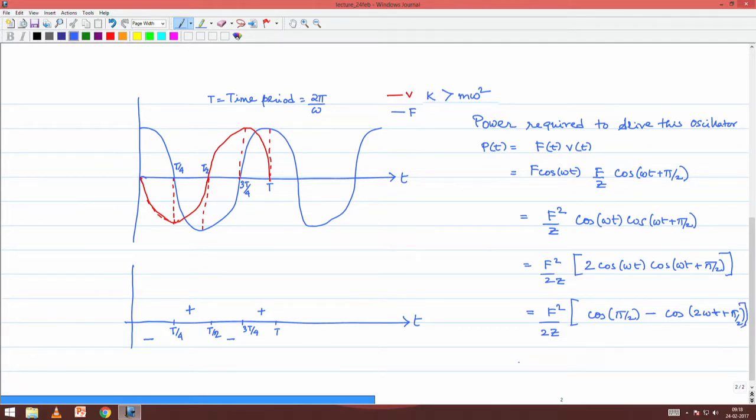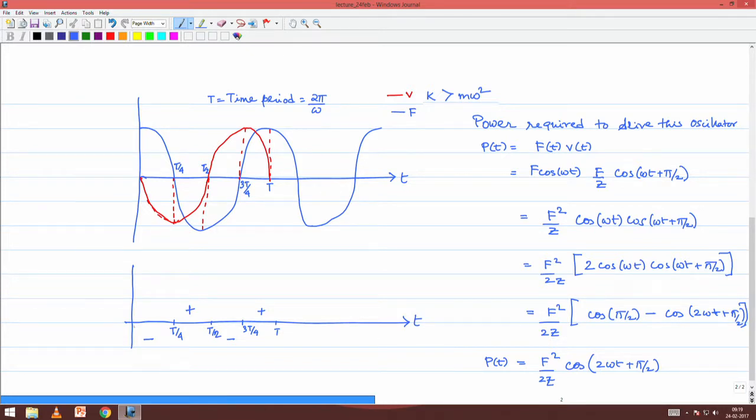So, what is cos pi by 2? Cos pi by 2 is 0. So, we will have f square by 2Z into cos of 2 omega t plus pi by 2. So you see what I told you is in fact correct, that the instantaneous power has a frequency double the frequency of the force and velocity. This is the instantaneous power expression.